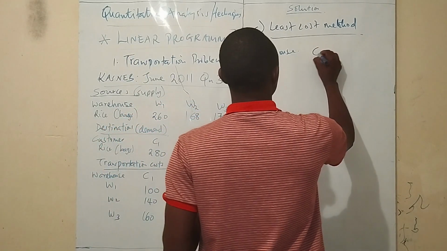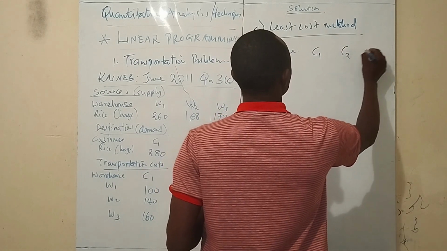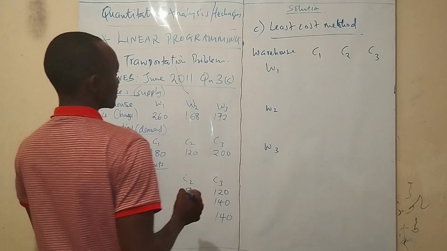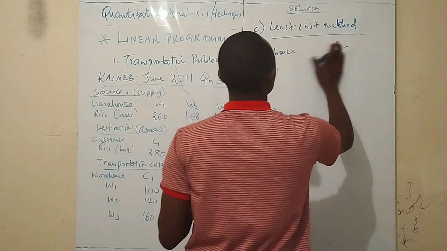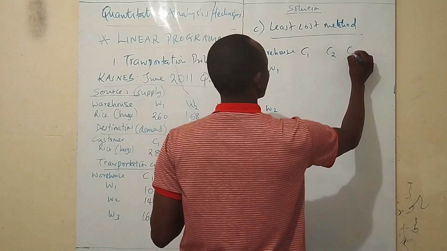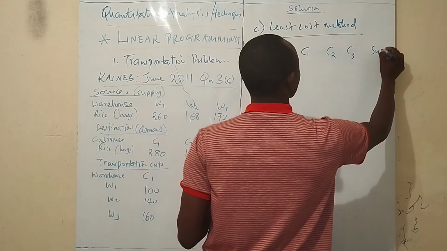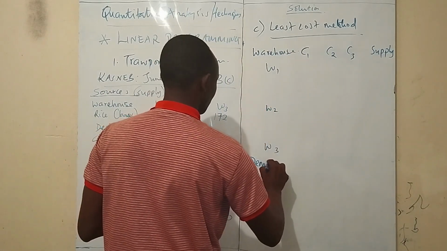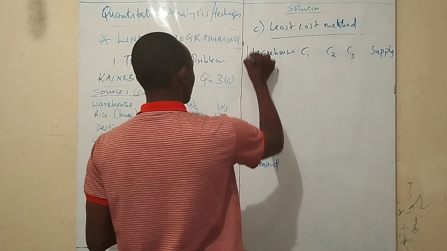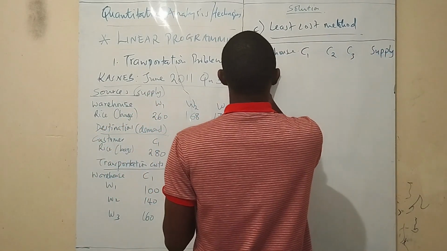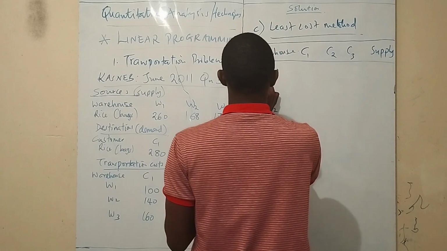Then you have customer 1, customer 2, and customer number 3. Sorry, we still have to write demands and supplies. So you have customer 1, customer 2, and customer 3, and then you have supply here, and then you have demand on this other side. Then you draw as such. Now that we have our own matrix, we can draw it.